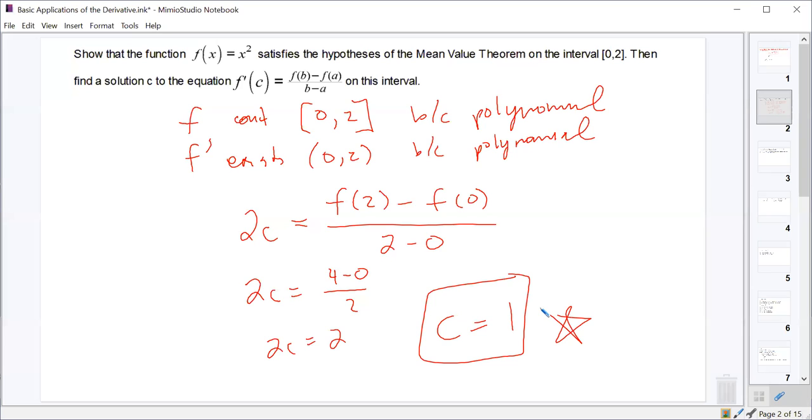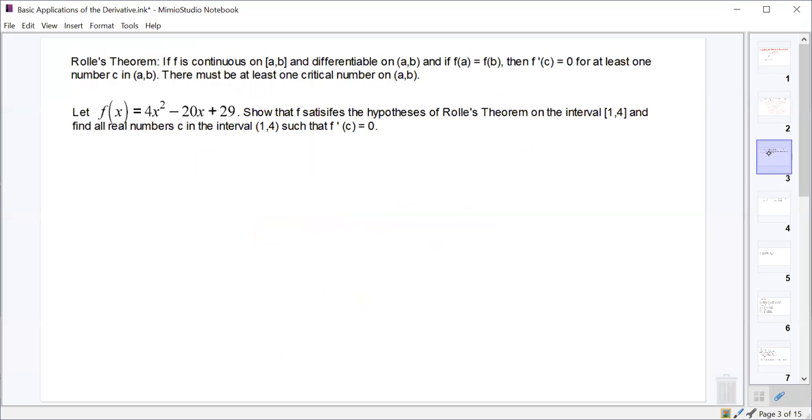Yeah. All right, good. Then there is the basic corollary to the mean value theorem, which is called Rolle's theorem. Rolle's theorem has the same hypotheses to start with, but then adds in that f of a equals f of b.